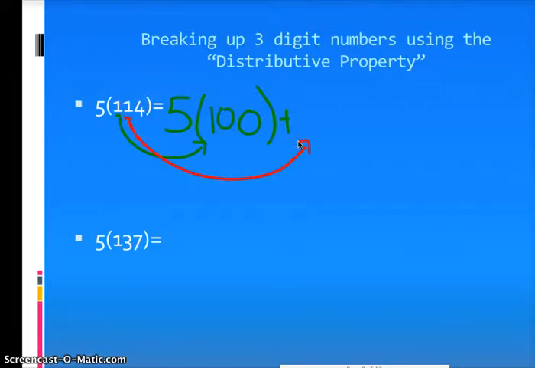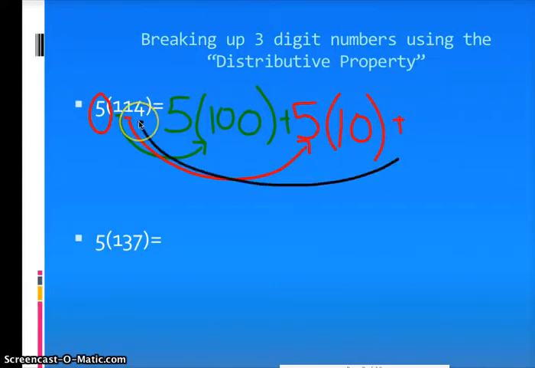So we want to keep the multiplier the same as the 5. So it's 5 times 10 plus, then we look at our ones place. We're left over with 4 ones. 5 times 4. What does that equal?